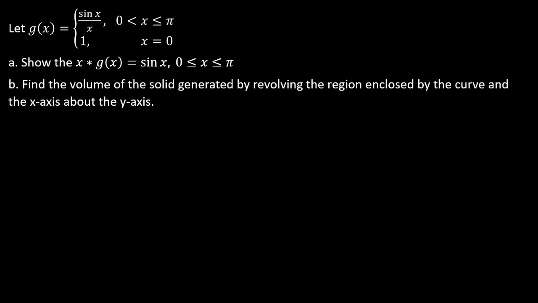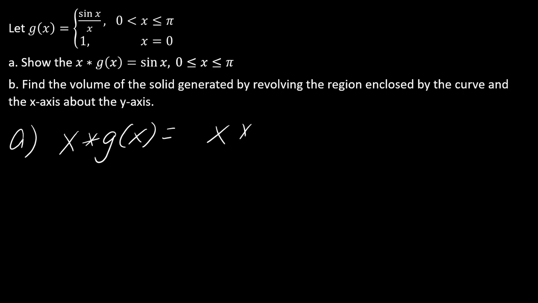So it starts with this part A that says, show that x times g of x equals sine of x. Okay, so let's just follow the math of how to do this. So this is part A. I want to take x times g of x. So I'm just going to draw my piecewise function and multiply each piece by that.